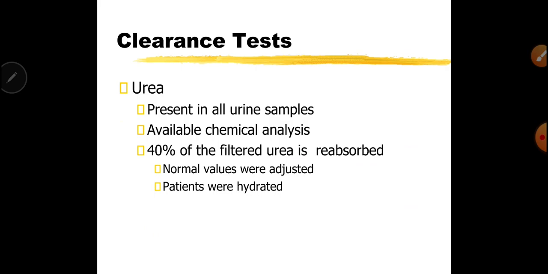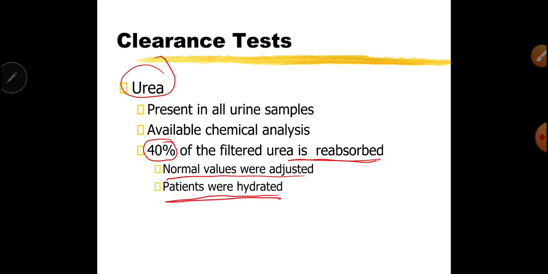In the older methods for the evaluation of clearance, scientists usually used urea, but we have a problem: more than 40% of the urea will be reabsorbed. To be able to use it for a clearance test, we had to use a correction factor, and the patient also needed excess hydration.